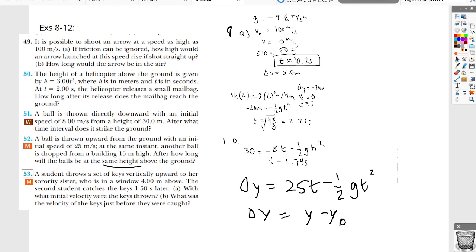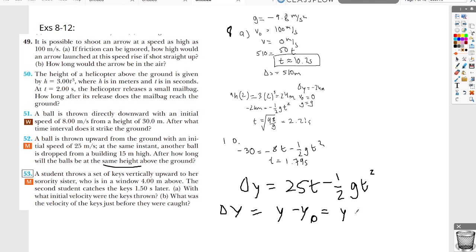Which is the final displacement minus the initial displacement. Because we already have one of our displacements, we want to find the displacement where it's going to be the same height as this 25t minus 1 half gt squared thing.